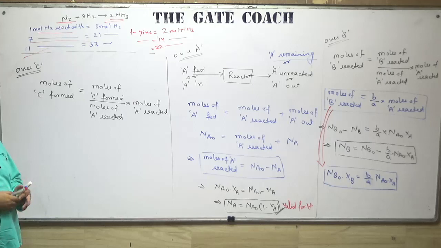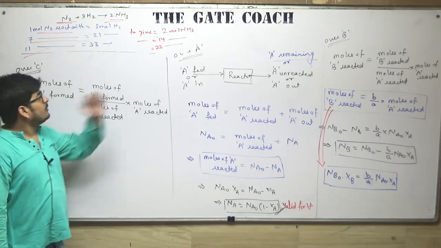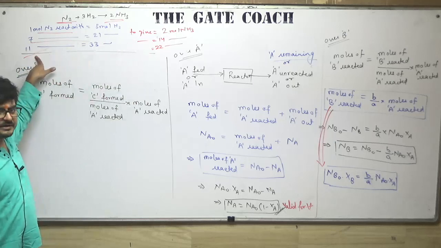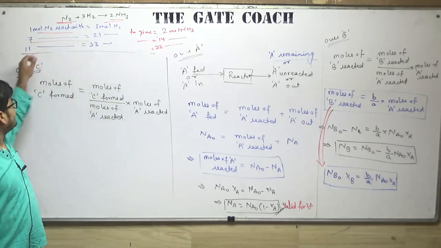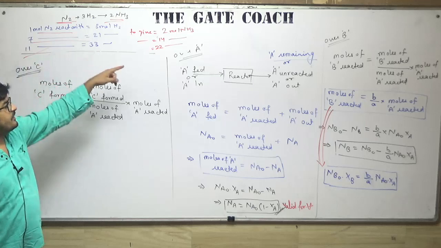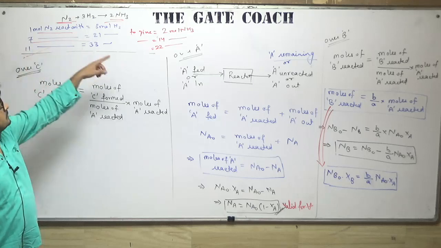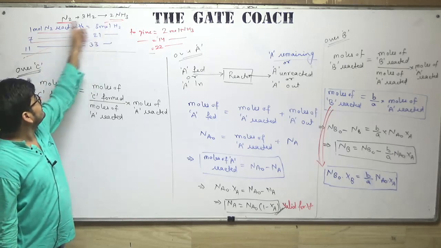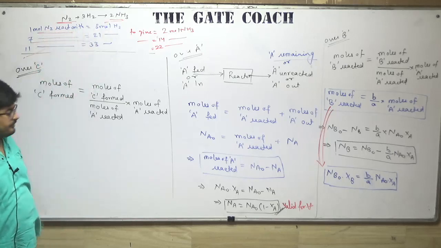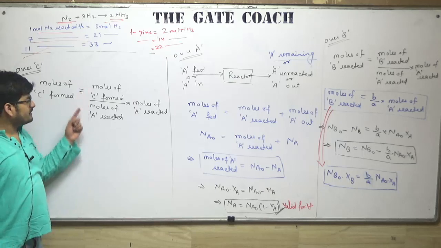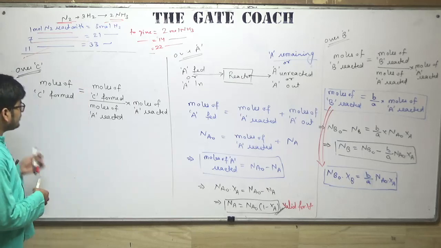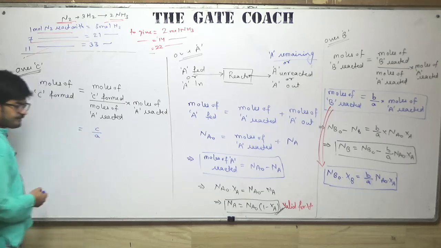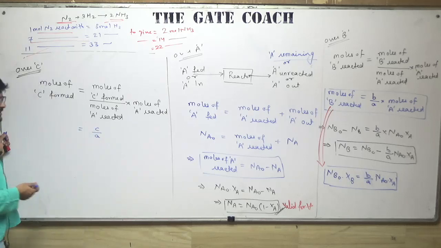So ultimately we can see that moles of ammonia formed divided by moles of nitrogen reacted is equal to 22 by 11, that is 2, 14 by 7, that is 2, 2 by 1, that is 2, the same as their stoichiometric ratio. So moles of C formed to moles of A reacted can also be written as C by A, the same as their stoichiometric ratio.